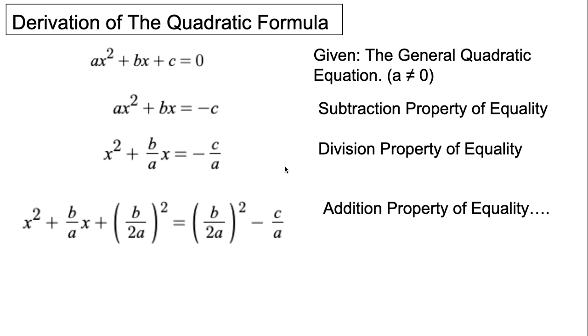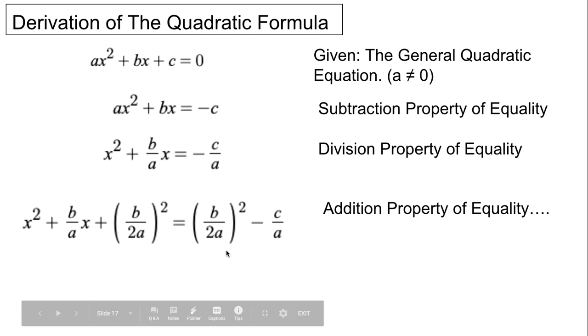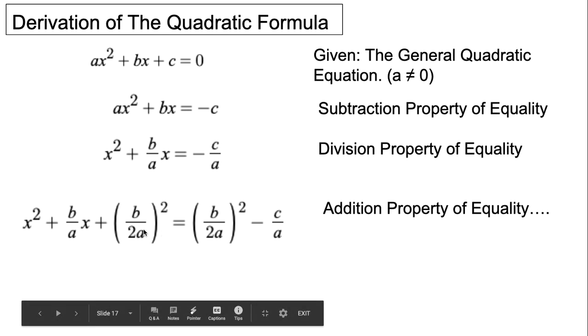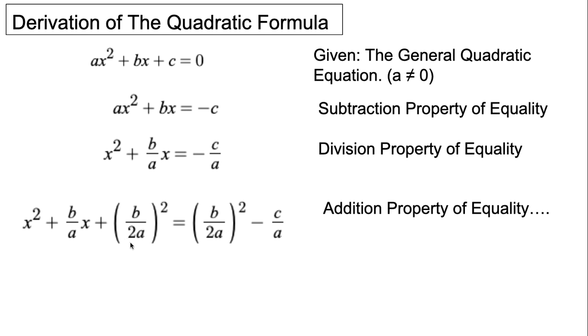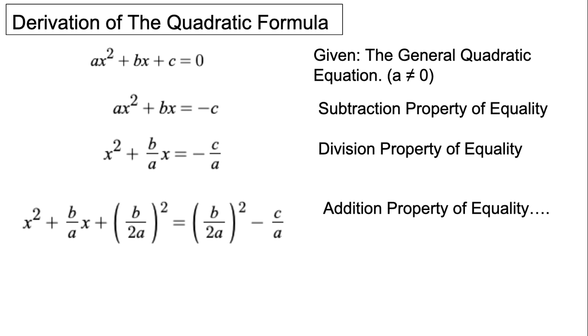So, and this is a little tricky right here. Now I've used the addition property of equality to add this expression to both sides of the equation. And why did I choose to add that expression? I could have added anything to both sides of this equation. I could have added 7 to both sides or 100 or whatever.